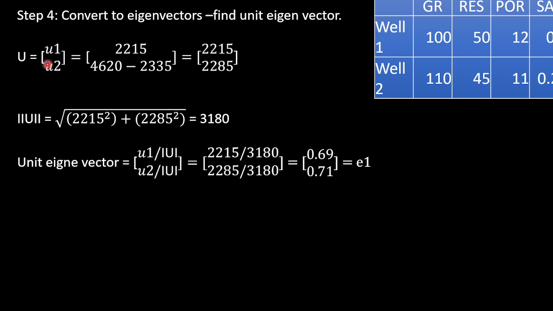So what is the distance? Root over u1 square plus u2 square. So this is your distance value. So root over u1 square is 2215 square plus 2285 square. That value you have to subdivide with u1 and u2. You got the values as 0.69 and 0.701. So this is actually your first principal component vector.